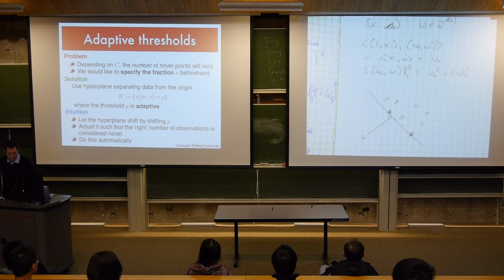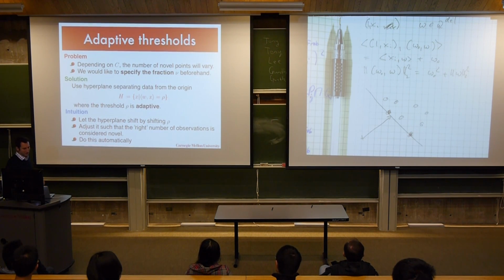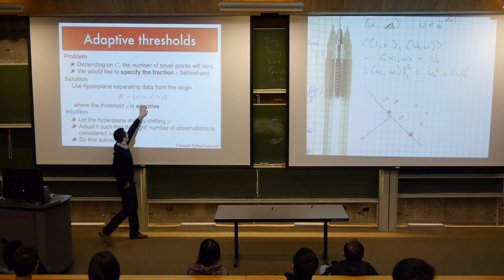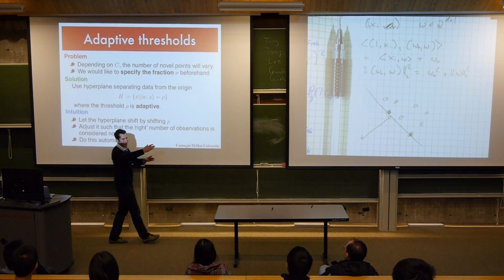The way I do this is by saying, well, I want to find a hyperplane w.x, but rather than setting it to 1, I set it to rho. And I make rho itself a variable of the optimization problem, to be adjusted in such a way that it gets it just right.